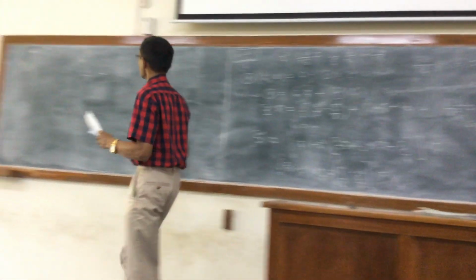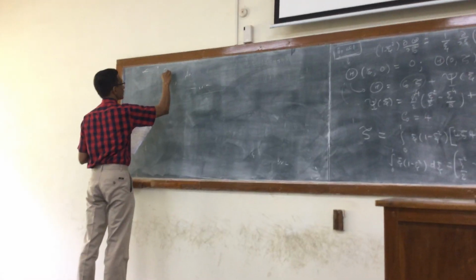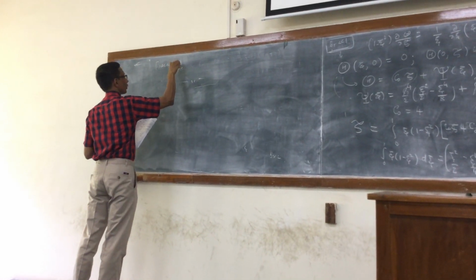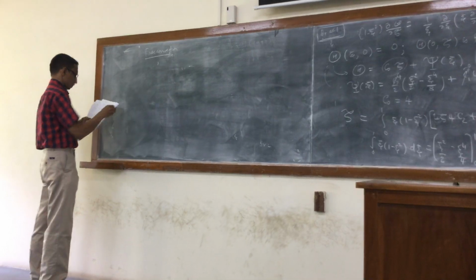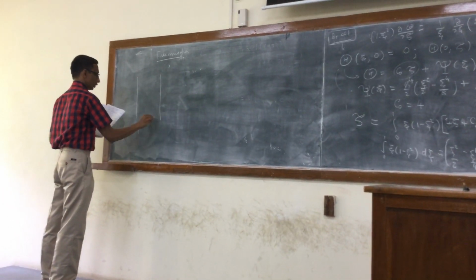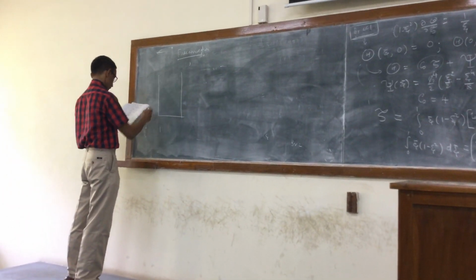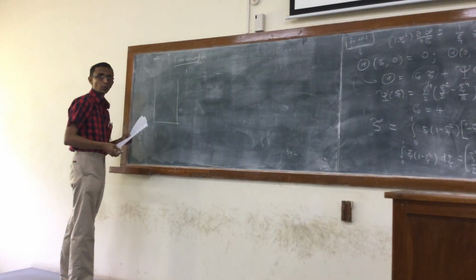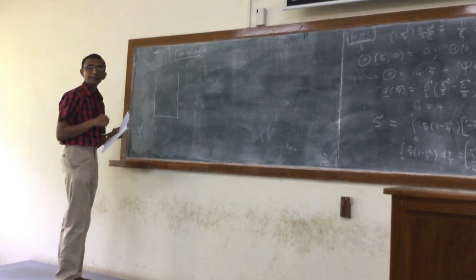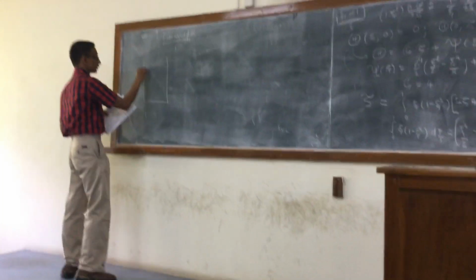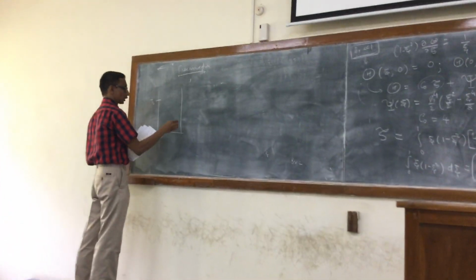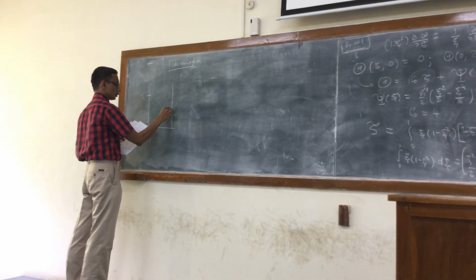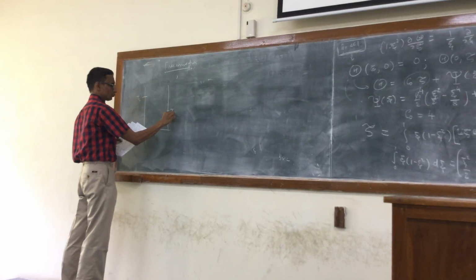Free convection. This is an example from Lightfoot. I just want to point out the overall structure. What I have is two parallel walls which are being heated. The temperature of this wall is T2, and the temperature here is T1.